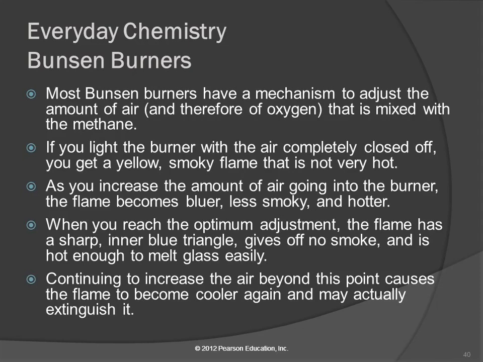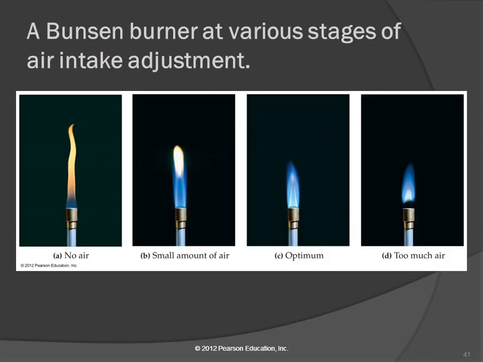So we looked at a lot of combustion reactions just now. We do that reaction a lot in the lab when we use a Bunsen burner. We're burning the natural gas. And here are some neat pictures of various stages of adjustment of a Bunsen burner.